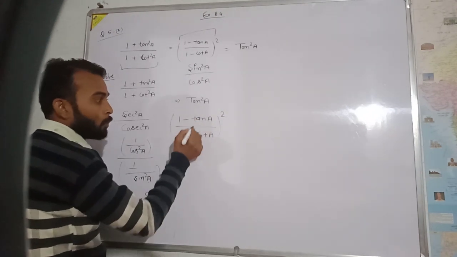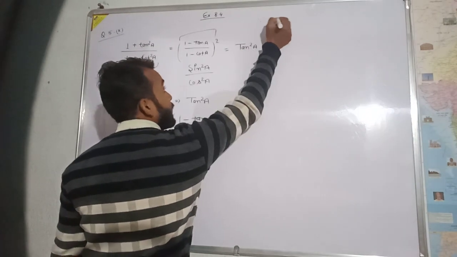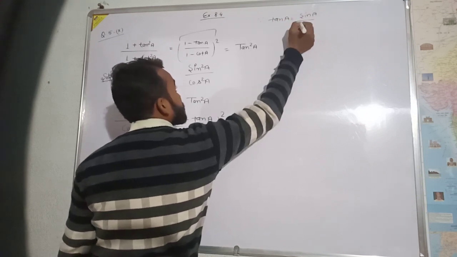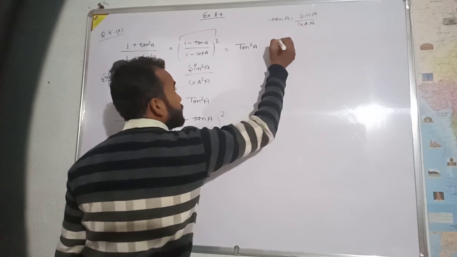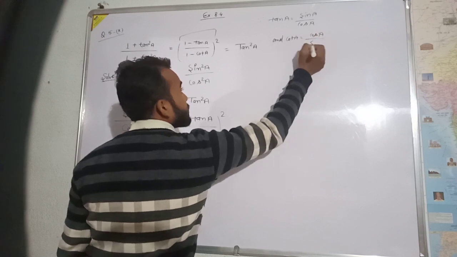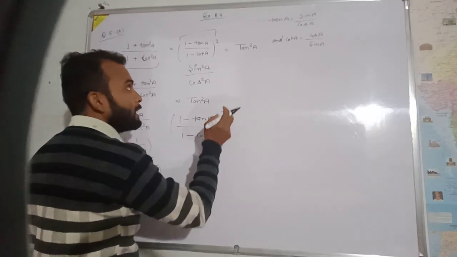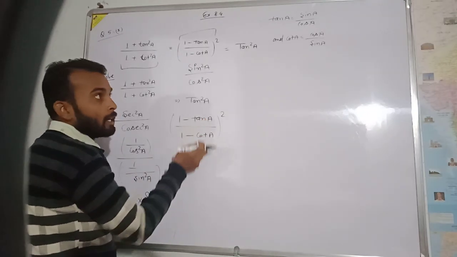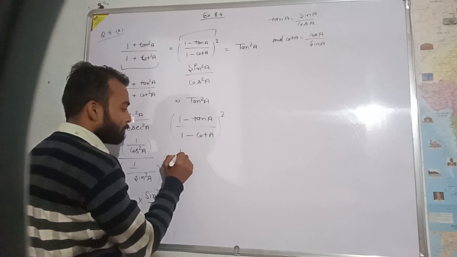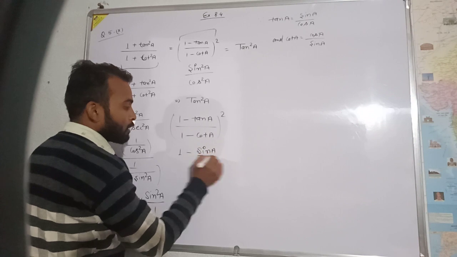We know that tan A is equal to sin A upon cos A and cot A is equal to cos A upon sin A. Clear? So we put sin A upon cos A in place of tan A and cos A upon sin A in place of cot A. So it will be 1 minus tan A, that means sin A upon cos A.